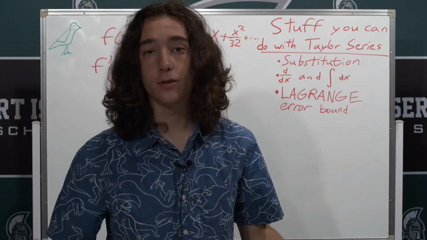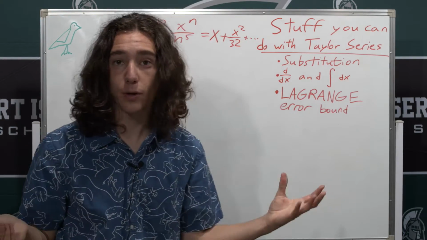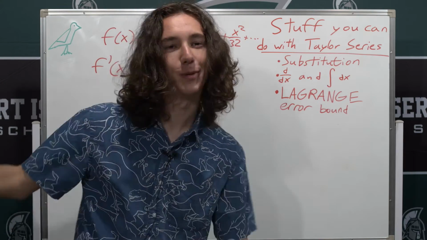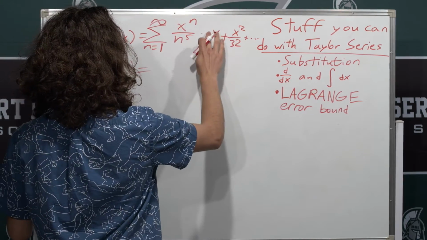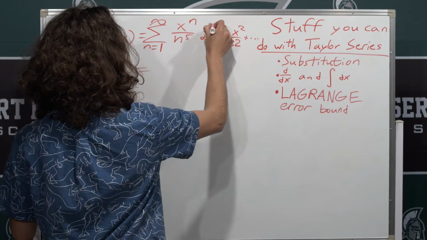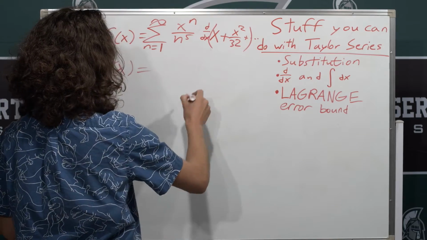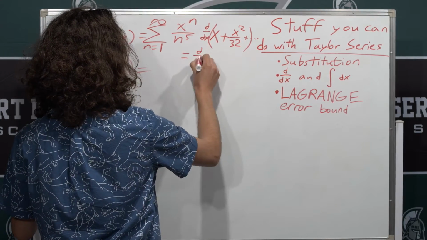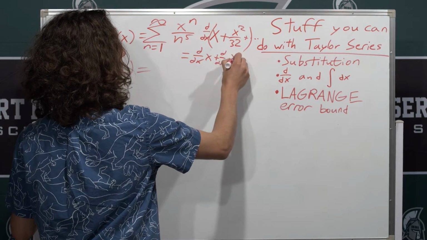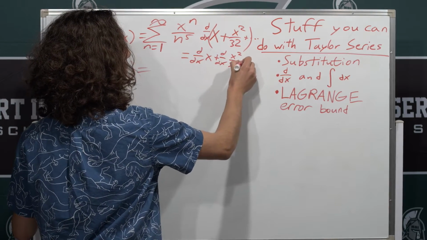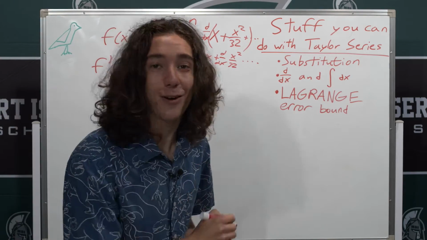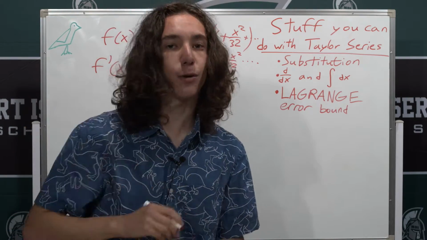And what can you do with derivatives? Well, derivatives are distributive. I think that's a fun rhyme. Derivatives are distributive. So right, you can just say the derivative of this is the same as d over dx of x plus d over dx of x squared over 32, dot, dot, dot. You can distribute the derivative to each term, which means that we can also just derive the general term.